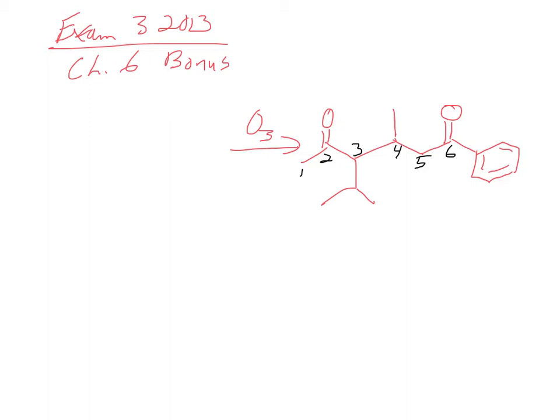So ozonolysis, we know, takes an alkene and cuts it in half, and you end up with 2 new carbonyls. In this case, I got 2 new formaldehydes, actually, 2 aldehydes.